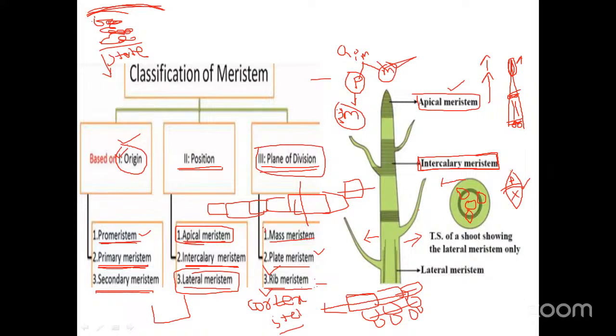Plane of division: rib meristem, plate meristem, and mass meristem. Right. This is about the meristem types. Now let's discuss the theories, the apical cell theories. This is also very, very important.